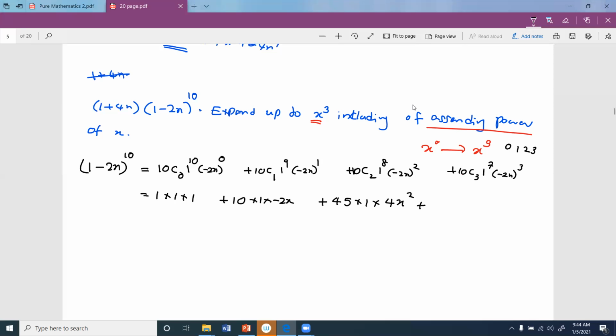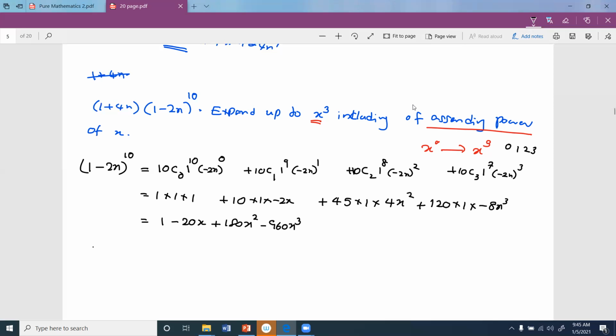Then 10c3, that is 120, 120 into 1 into minus 8x to the power 3, right? Okay, then it turns up into 1 minus 20x plus 45 into 4 is 180x to the power 2 minus 960x to the power 3, right? That's how it comes, right?